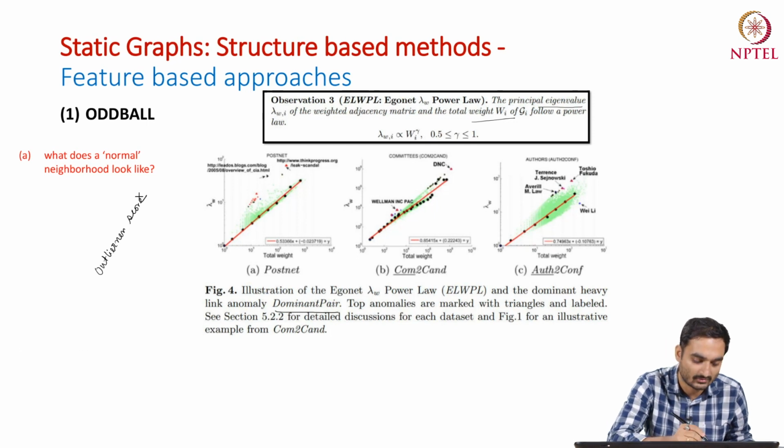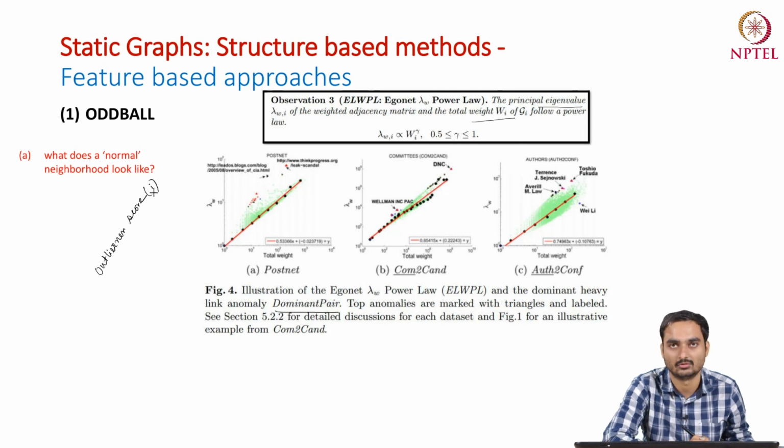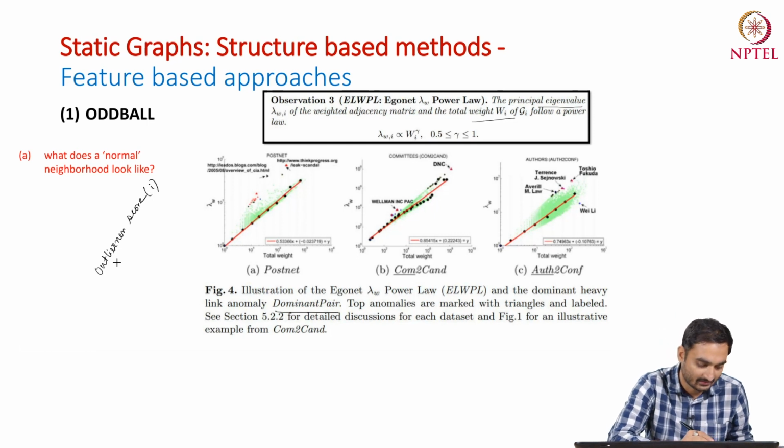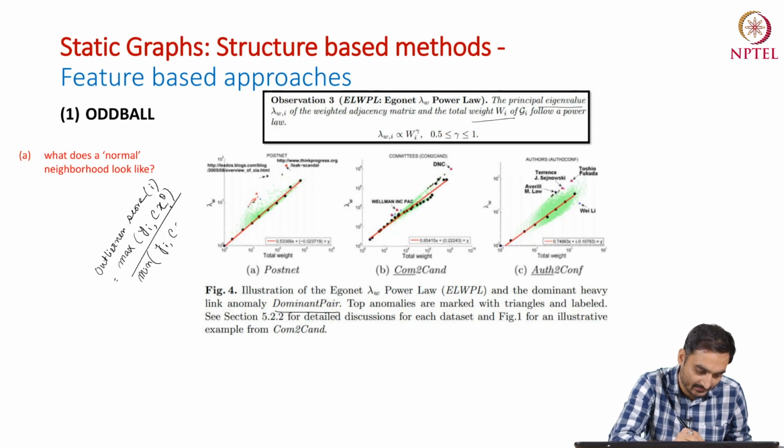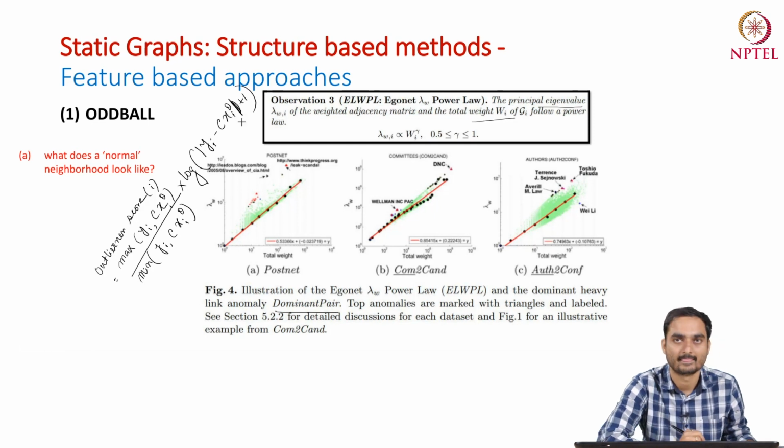The outlierness score of a particular node or a particular egonet, it does not matter, is defined by max(yi, c xi^theta) divided by min(yi, c xi^theta), times log(|yi minus c xi^theta| plus 1).